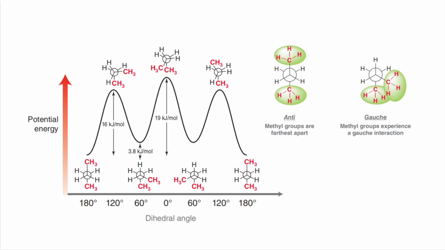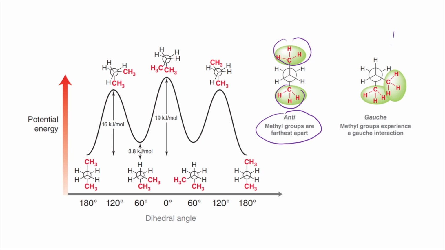And then we can also change the groups on them. For example, now we have a methyl group on the front carbon and a methyl group on the back carbon. This is the anti position, which is the most stable one, like the two big groups are not bumping into each other, they have their own space.